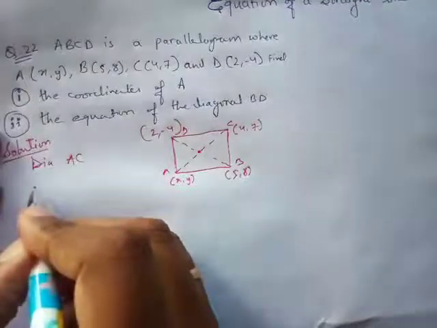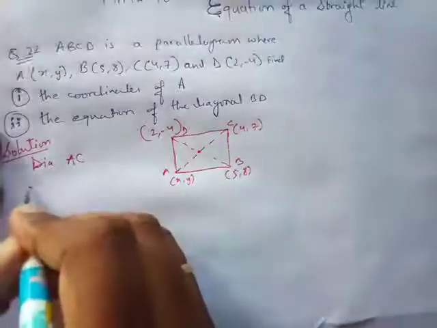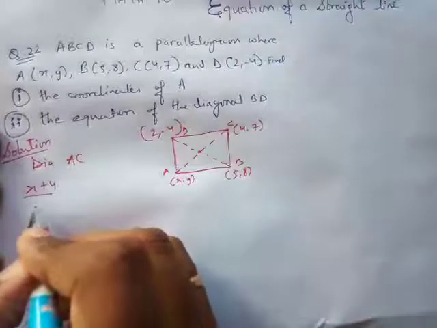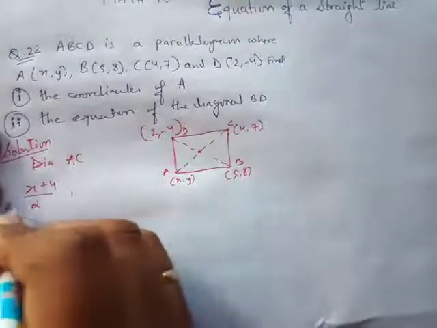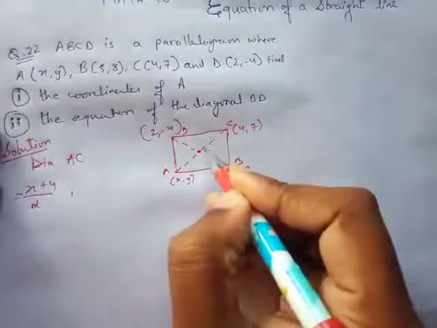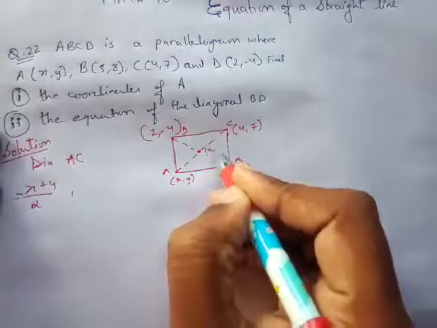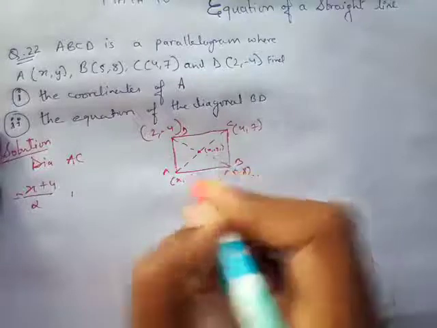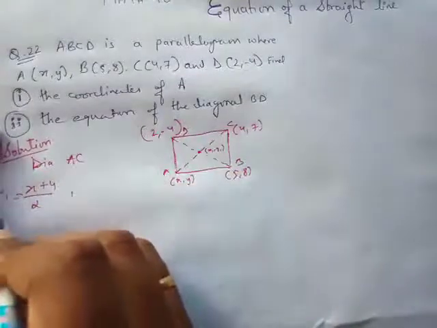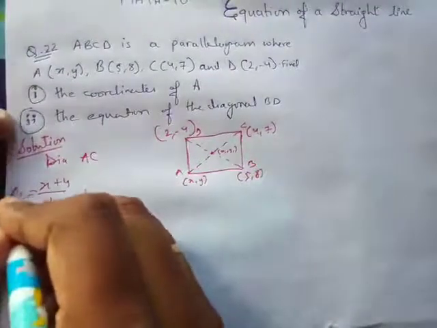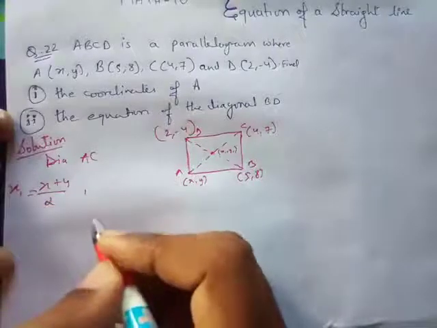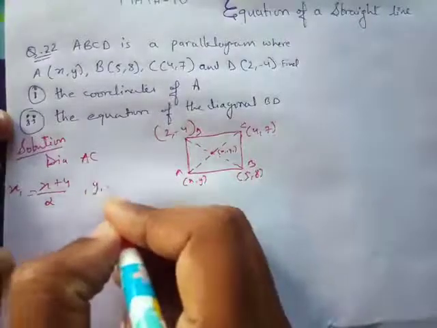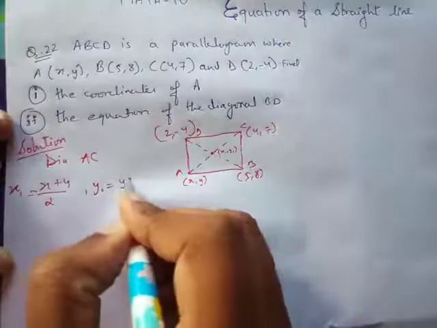That is x plus 4 upon 2, and that's how you find this. Let's say the midpoint is x1 comma y1. So I have to find x1 and y1. And y1 is going to be y plus 7 upon 2.